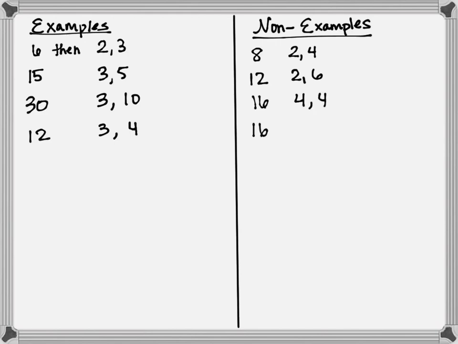I also can't do 16 as 2 and 8. I can't do 25 as 5 and 5. Okay, I think that's probably, oh, they're uneven now. We need one more example. I can do 24 as 8 and 3.